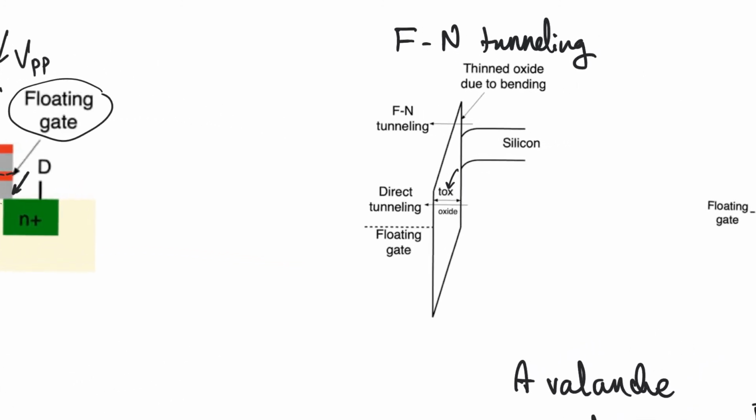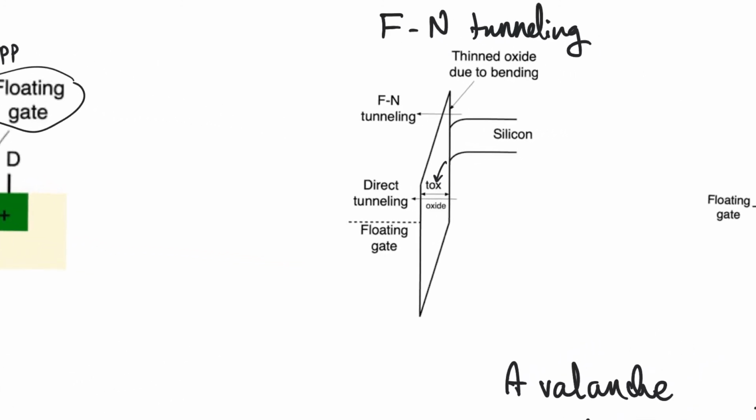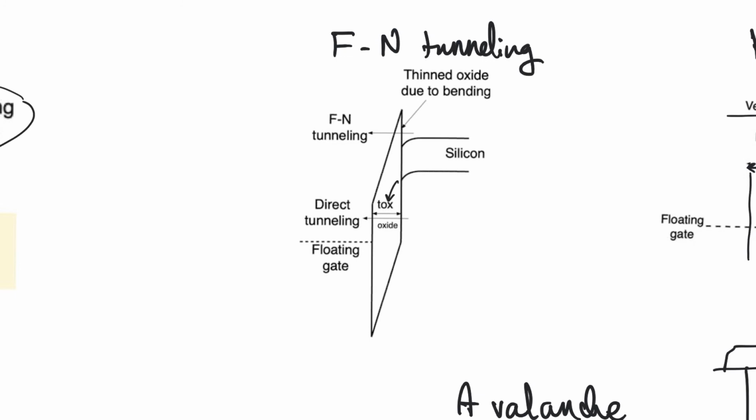Whether you're doing the hot carrier injection method, avalanche breakdown, or Fowler-Nordheim tunneling, you need a large vertical field. And so with the very large vertical field, what happens is that the oxide is going to tilt, and the tilt is going to be very sharp because there's a huge drop on this oxide. This is the oxide that lies between the floating gate and the substrate.